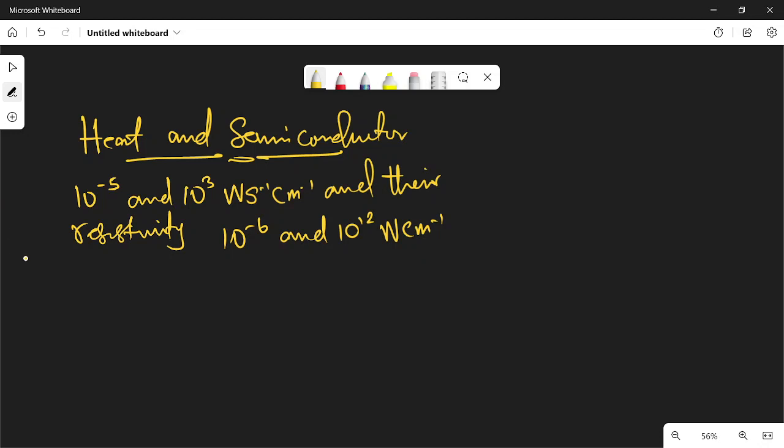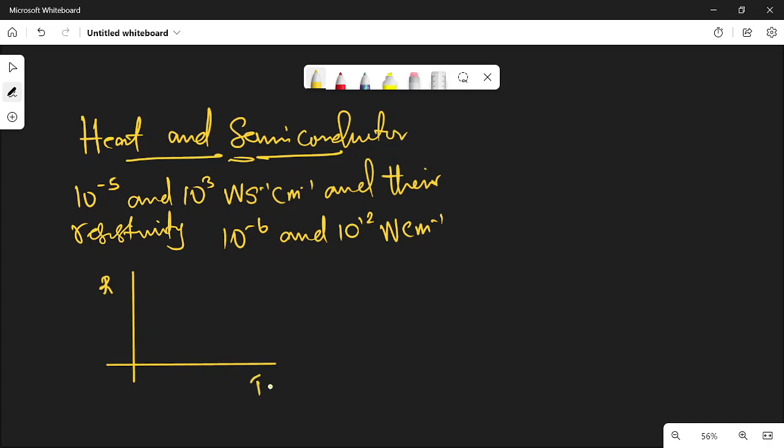So when we plot the graph of resistance against temperature, what are we likely to have? This is resistance on the vertical axis and this is temperature on the horizontal axis. If it is a semiconductor, you are going to have the graph look like this.